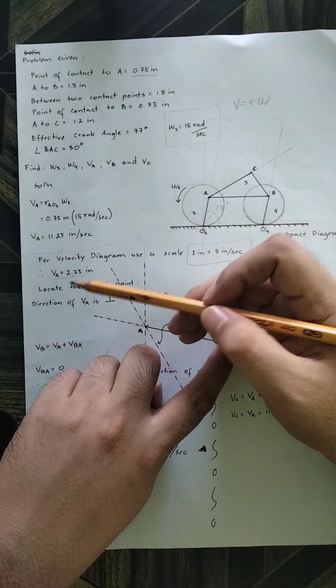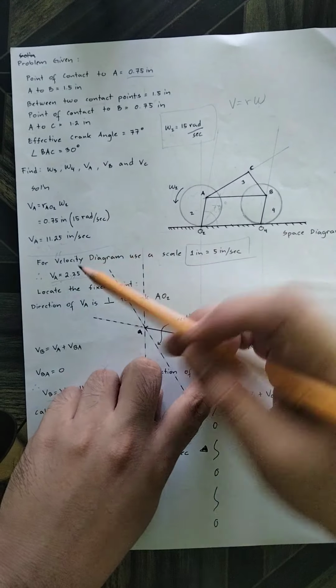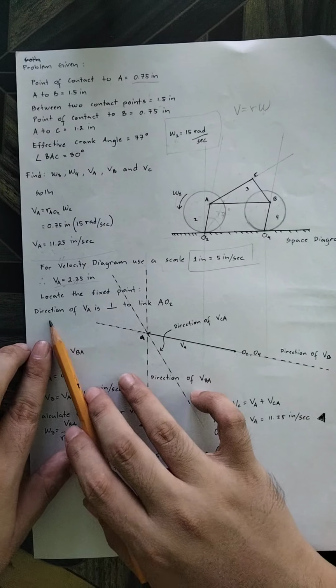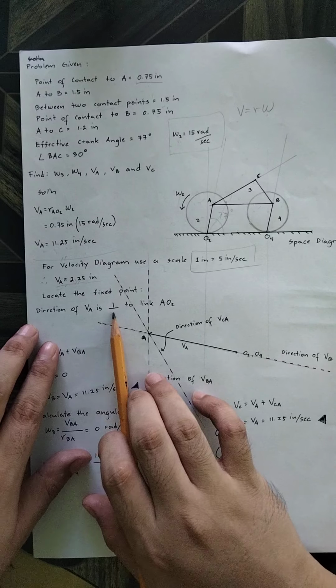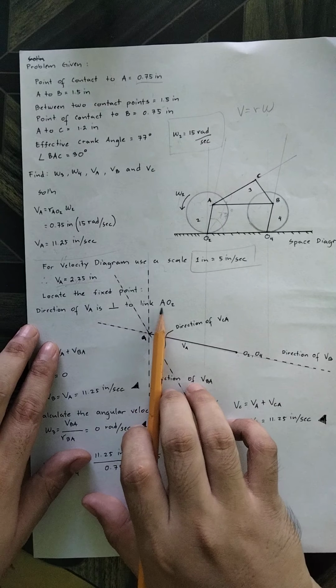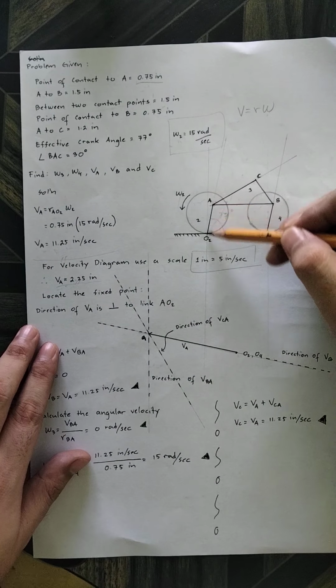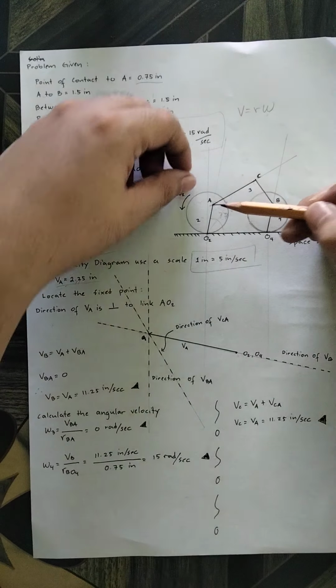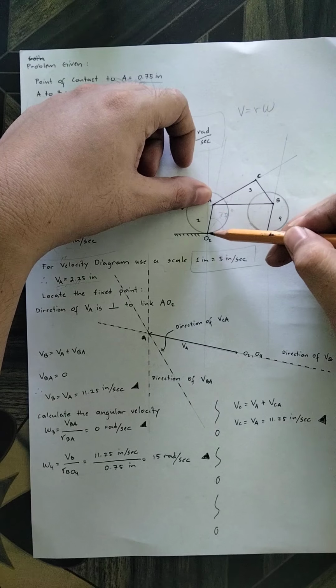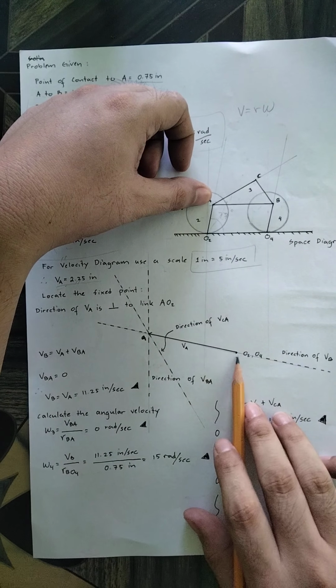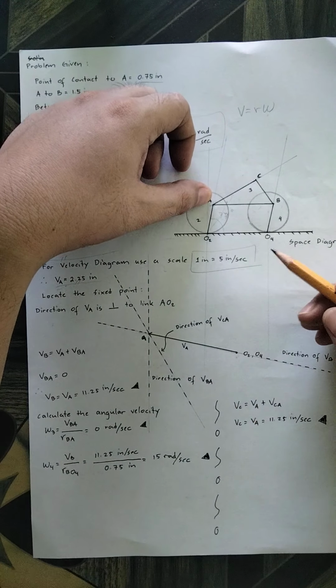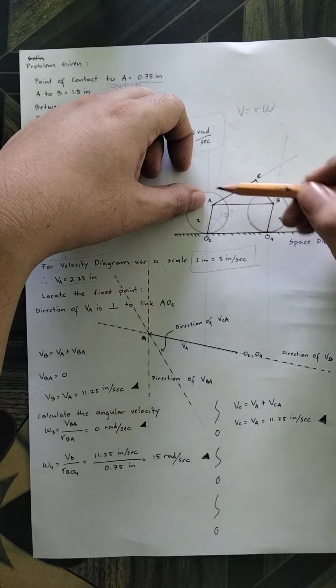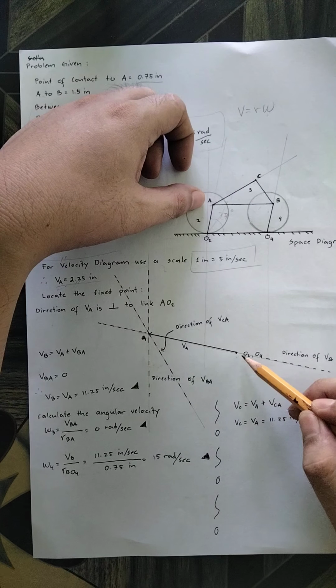Then the given is we have VA. Recall that the direction of VA is always perpendicular to link AO2, which is here. As we discussed in the earlier class, because A is connected to O2, we will create a perpendicular line from this point O2.